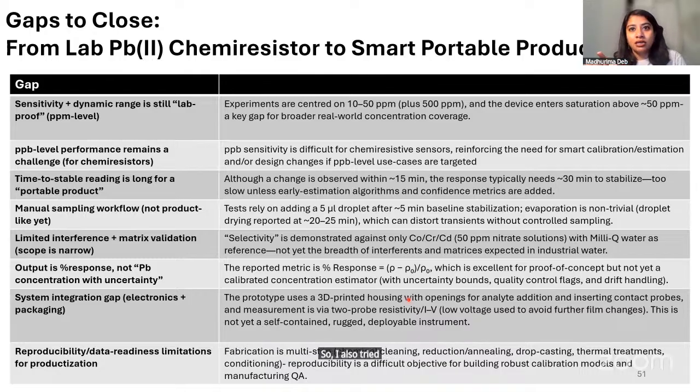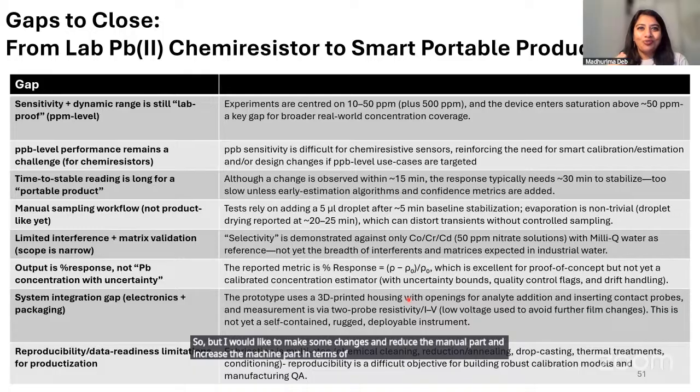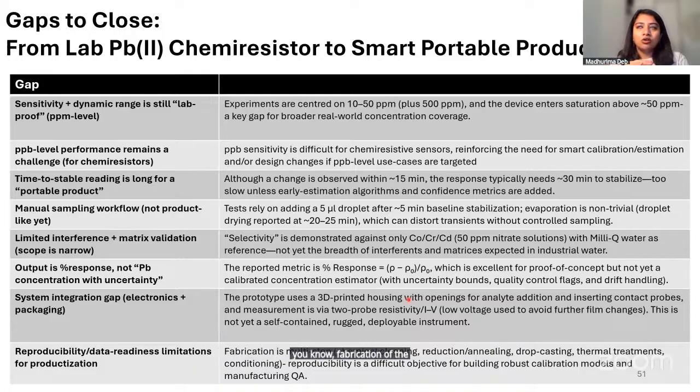I also tried some laser implemented routes, but thankfully my way worked very well, because I attained very good, constant, stable resistivity for my sensor. So I went along with that. But I would like to make some changes and reduce the manual part and increase the machine part in the fabrication of the sensor, not only for reproducibility but also for batch production, because that is what you need for an industry level smart sensor.